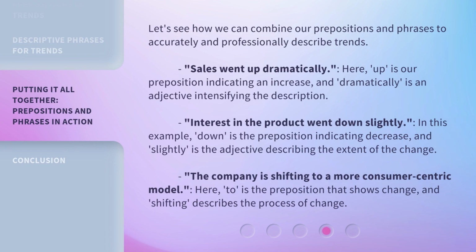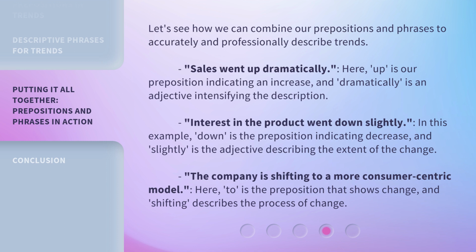Let's see how we can combine our prepositions and phrases to accurately and professionally describe trends. Sales went up dramatically. Here, up is our preposition indicating an increase, and dramatically is an adjective intensifying the description. Interest in the product went down slightly.